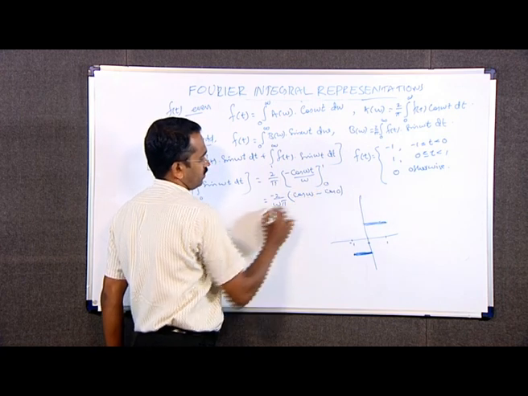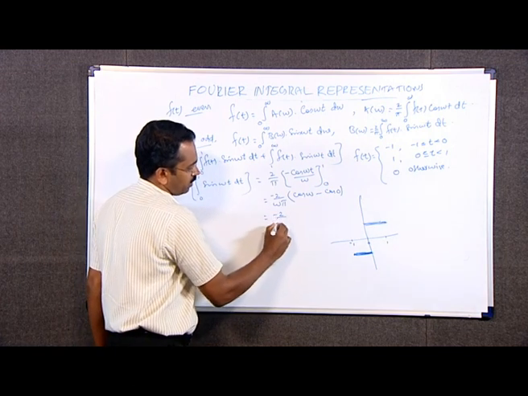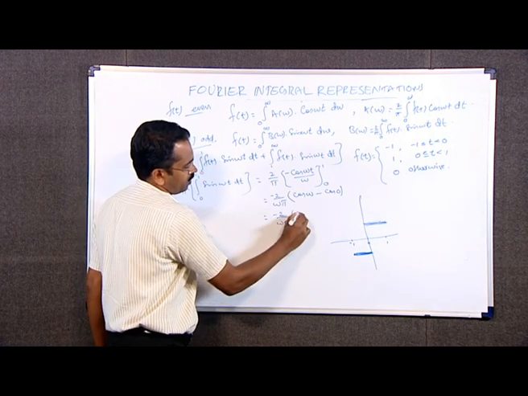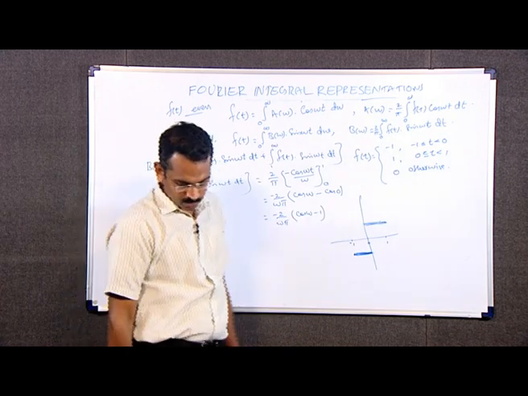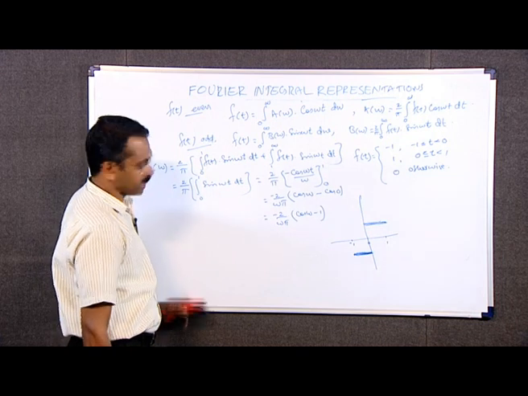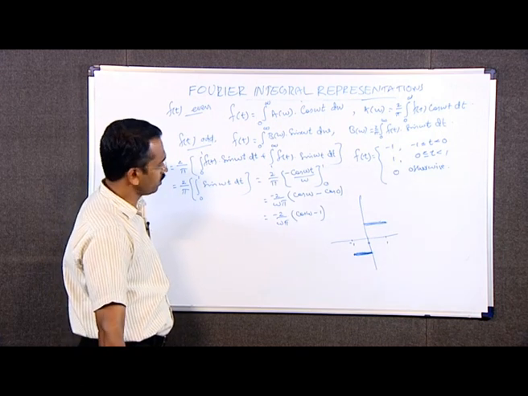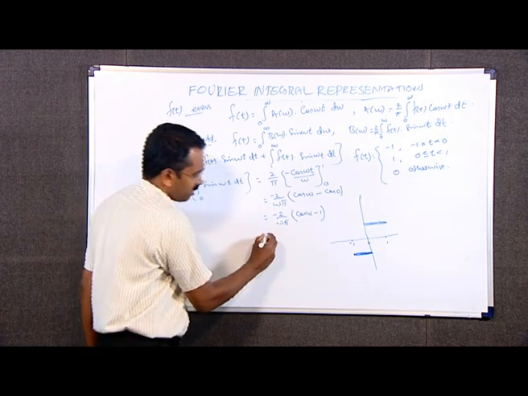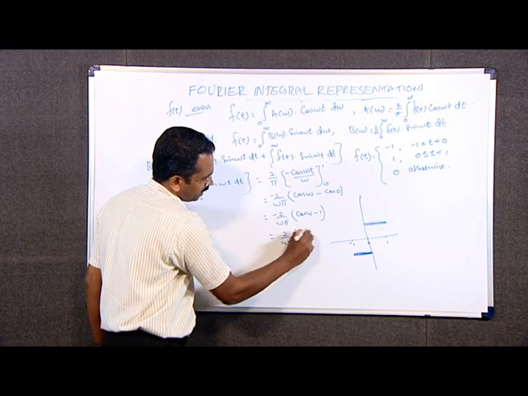That is minus 2 by omega pi into cos omega minus 1. This is the value of b omega. This can be written as 2 by omega pi into 1 minus cos omega.